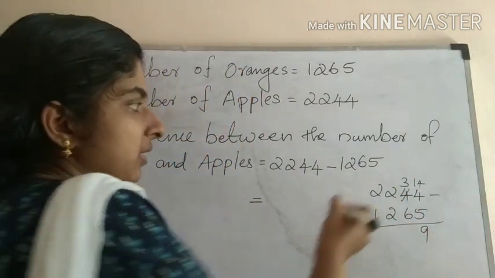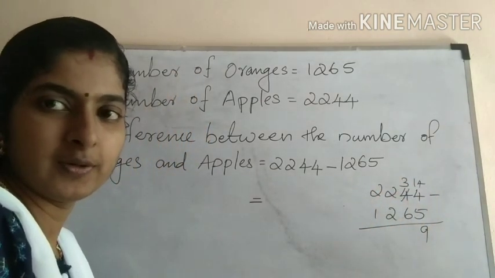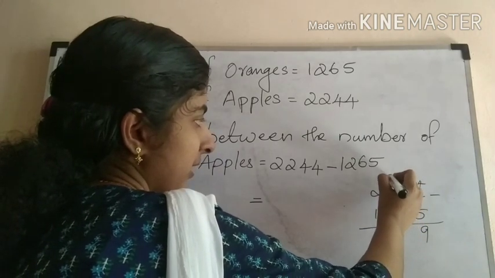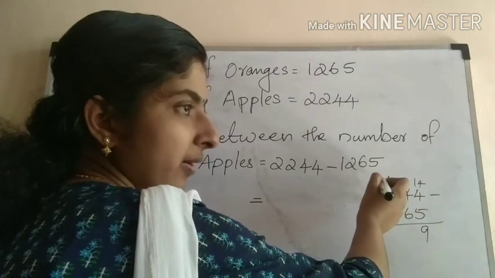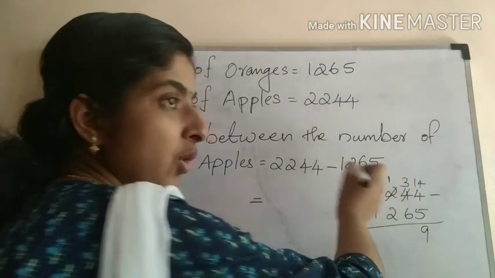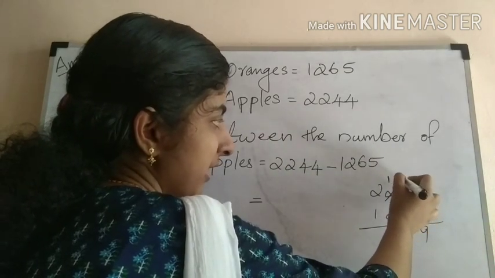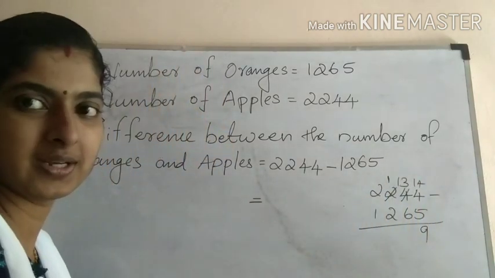Then the tens place, 3 minus 6. Is it possible? No. Again we take 1 from the left side. In the hundreds place, after taking 1, the balance is 1. And the tens place becomes 13. 13 minus 6, what is the answer?